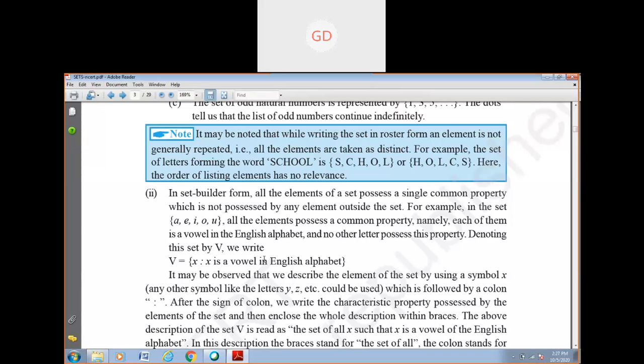So everywhere in set builder form, we start with x within second bracket, x colon, read as x such that, and then we need to write about x. What is x? You have to write after the colon sign. This is the way of writing set builder form.